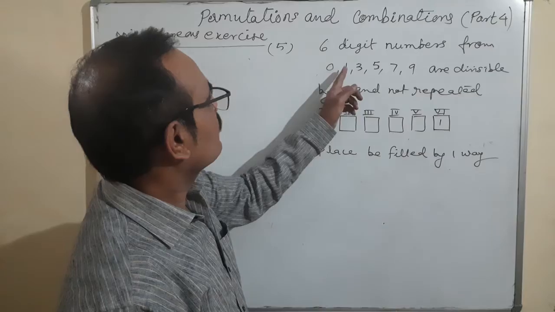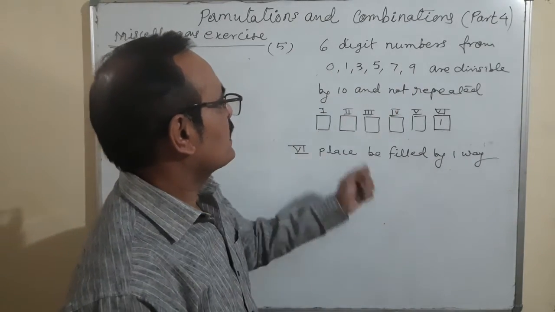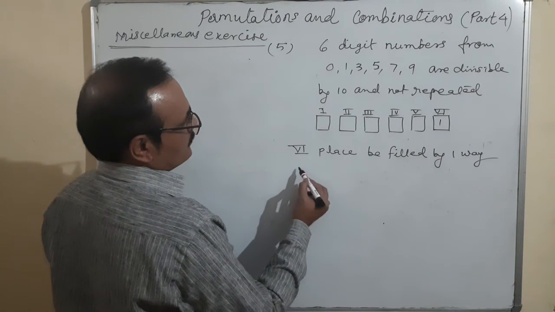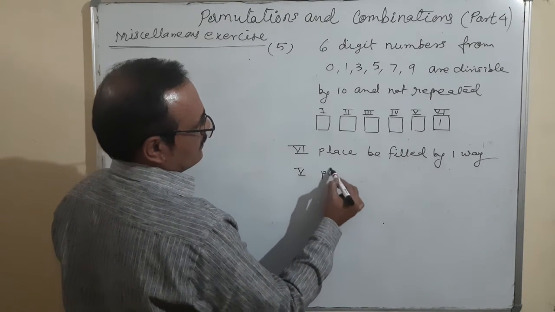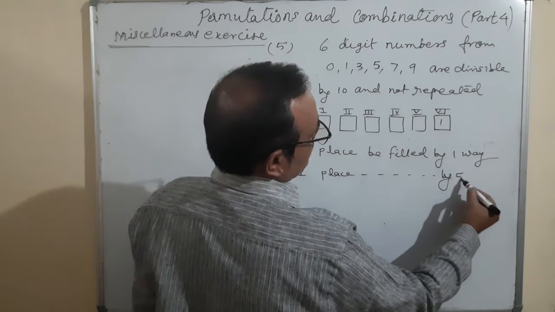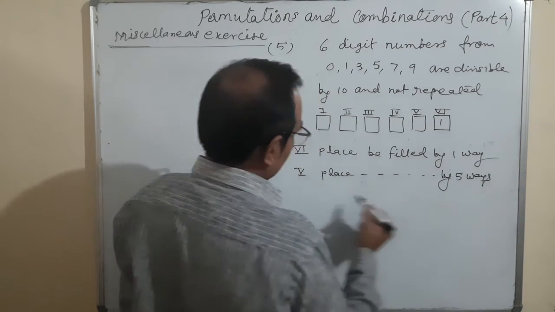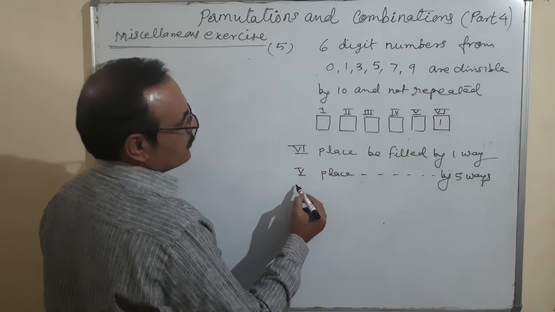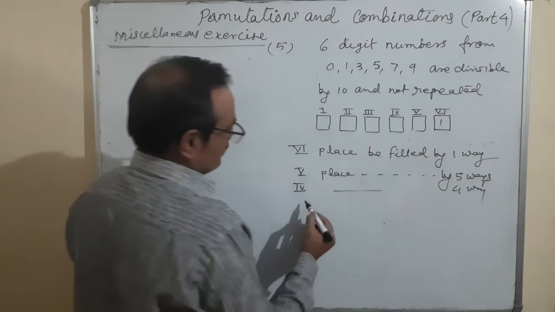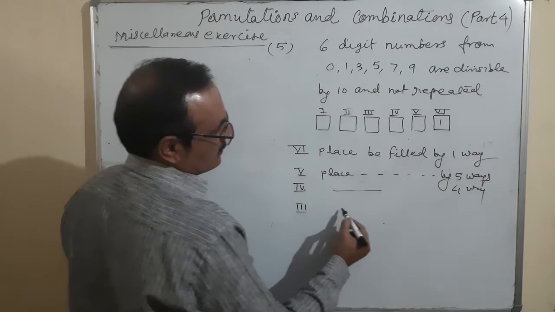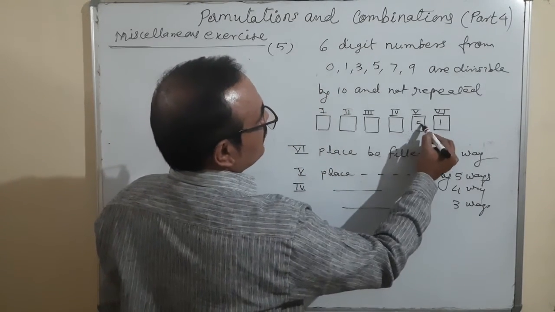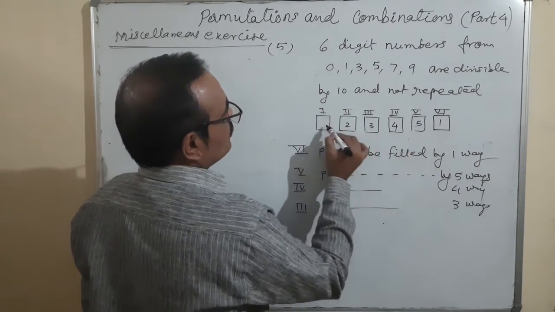Okay, after that 1, 2, 3, 4, 5 places are left and 5 digits are left. So the 5th place can be filled in 5 ways, the 4th place in 4 ways, the 3rd place in 3 ways, like this 5, 4, 3, 2, 1.